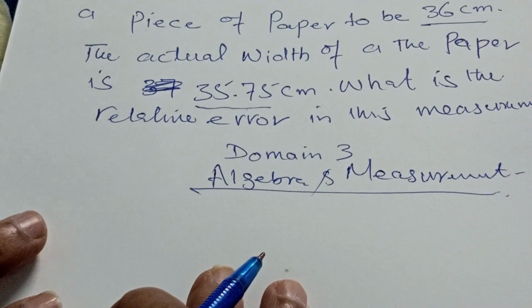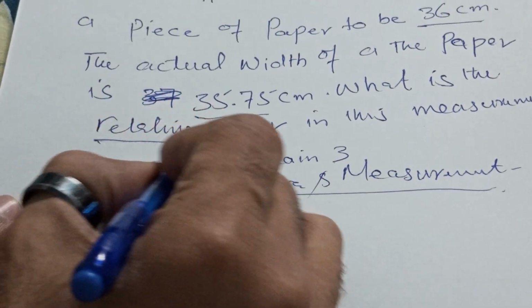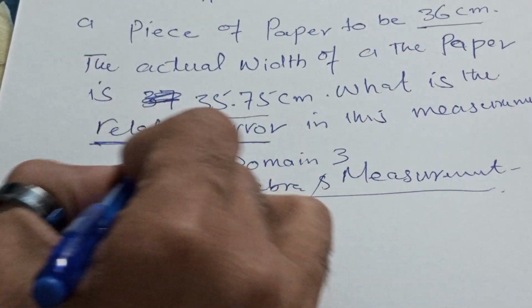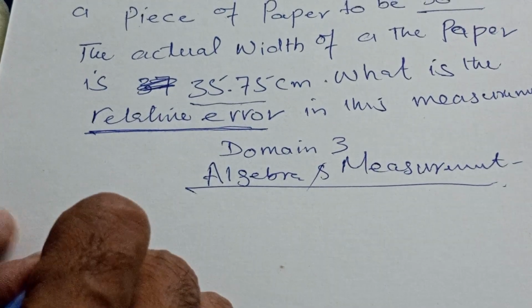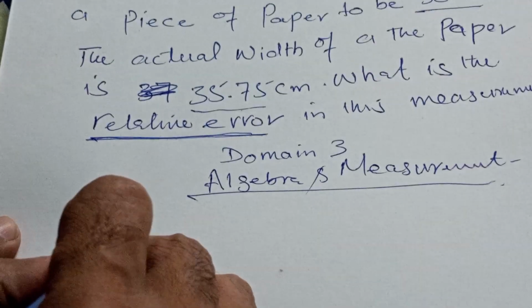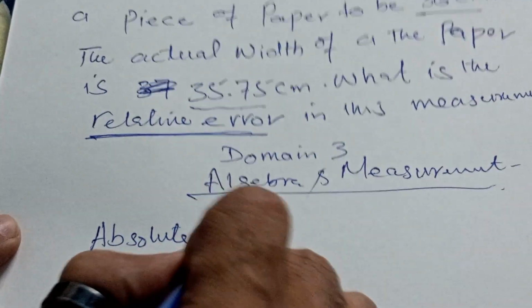Now the next thing I want to discuss is that we have to find the relative error. For finding the relative error, first we need to find the absolute error. Now what is the absolute error?